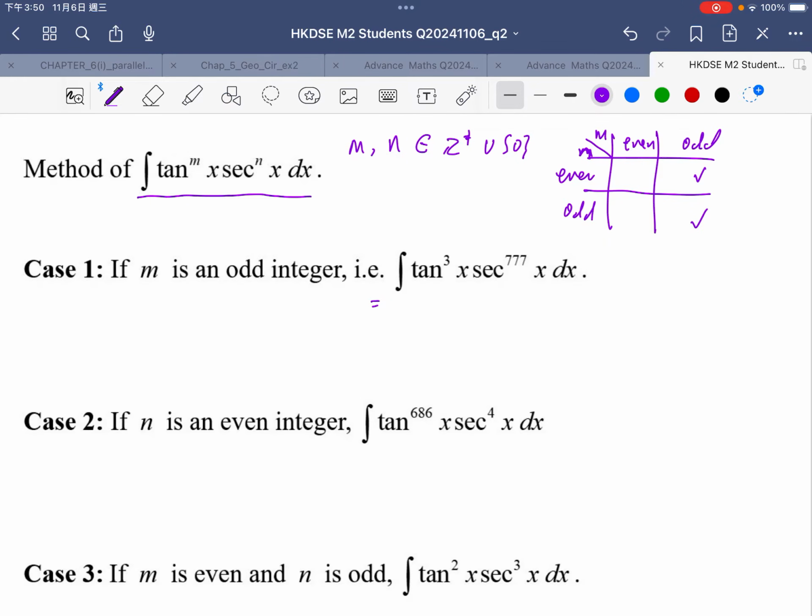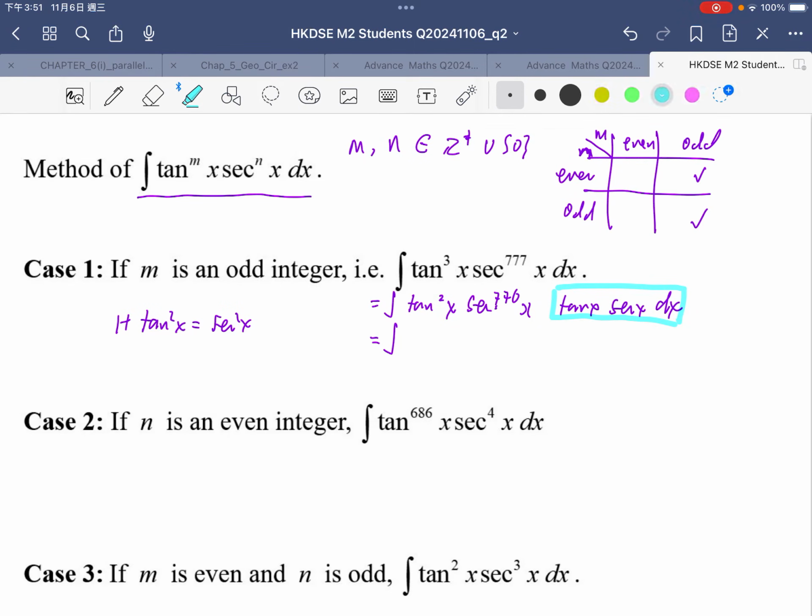Then here is an example. We have to give one tangent and one secant to dx. That means we have to think these are parallel. They come together. And change the secant: we have to use 1 plus tangent square equal to secant square x.